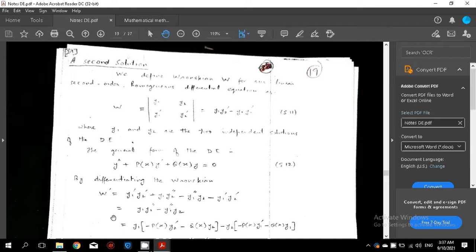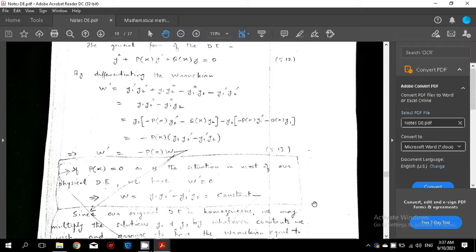Okay, so from here we write this is y1 and this is y2 dash, because this is the solution of this differential equation. So if you put y equal to y2, you will get y2 double dash equal to minus p(x) into y2 dash minus q(x) into y2. So this is what is written here for y2 double dash.